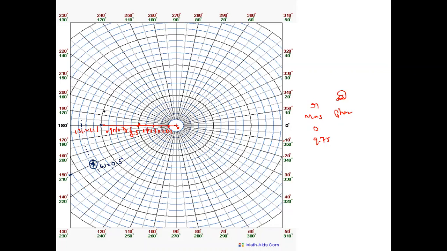Okay, what is the angle? Angle minus 161 degrees, sir. Minus 161 means here, very close to 160. Okay, here. Better? Yes. So please mark it.